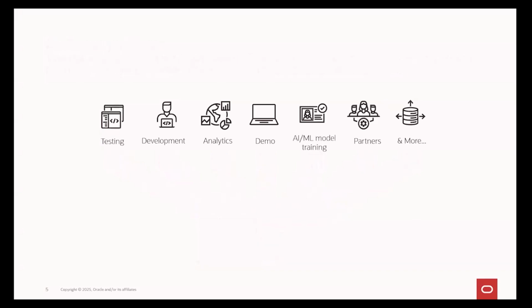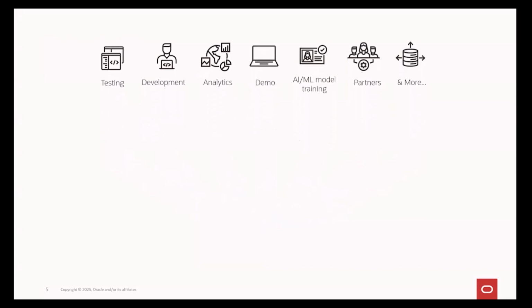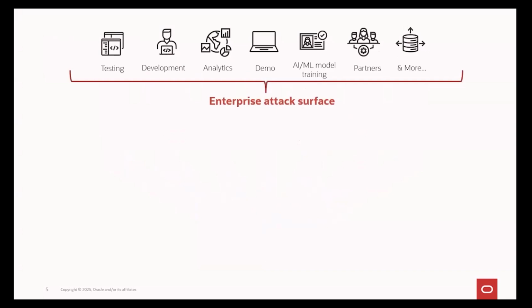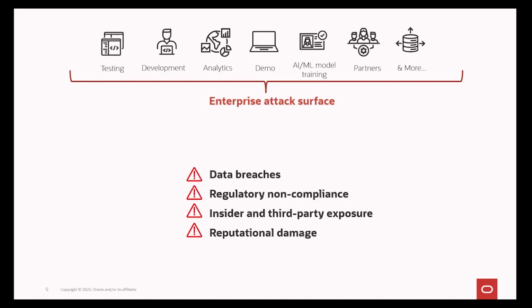As we all are aware, security of non-production environments is often overlooked, but they still contain your real and sensitive information. So this really expands the attack surface for the enterprise and introduces risks like data breach, compliance violation, insider threats, and many more.